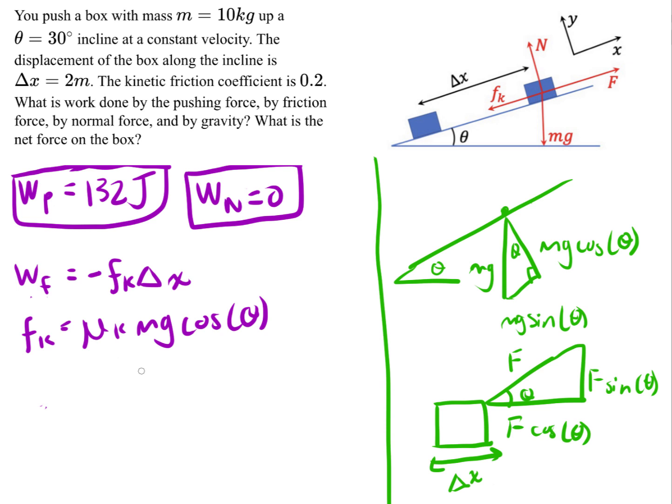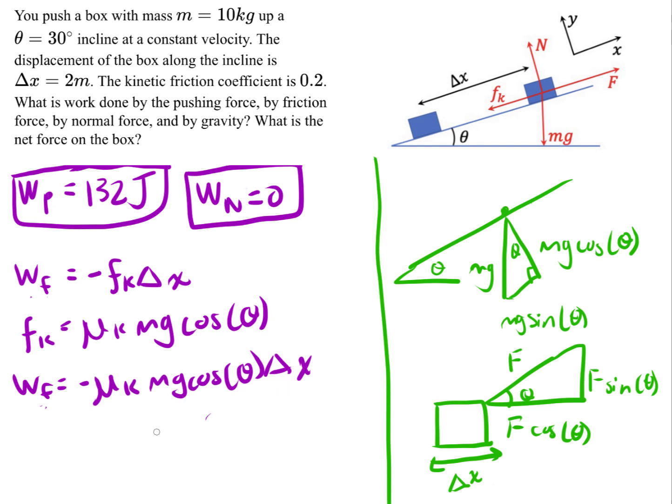This was what we solved for in the beginning of the video. Now we just plug this back in, so we get that the work done by friction is equal to minus the coefficient of kinetic friction, mg cosine theta, and then times the change in x.